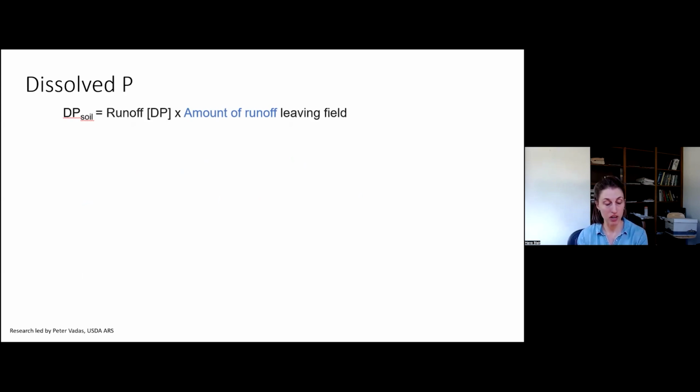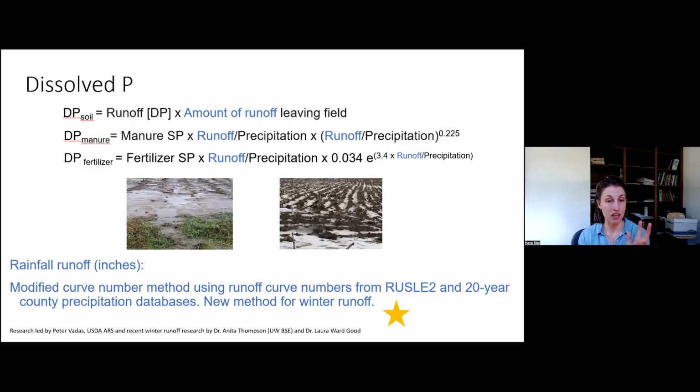One part is about the runoff, and one part is about the amount of phosphorus that can be dissolved from each of these sources. So we've got the soil, we've got the manure, and we've got the fertilizer. The exact form of these equations is not super important, but I just want you to have the sense that there are these two parts that we need to consider: the amount of runoff and then how much phosphorus is actually there to get dissolved.